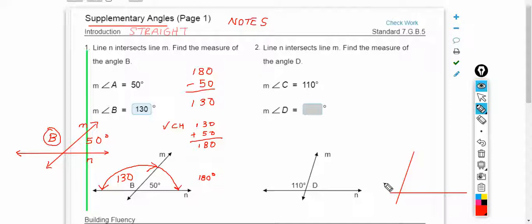So over here we have a 110 degree angle. Again, this entire angle, the straight angle or supplementary angle, is going to be 180 degrees. So we don't know what D is. Right here we have two intersecting lines. One line is line M, the other line is called line N.